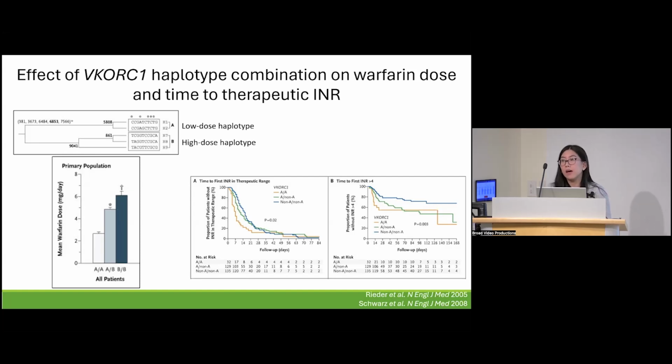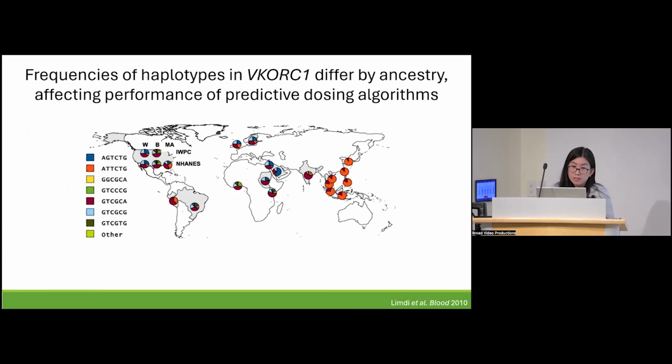What was found was that some of these dosing algorithms, while they performed really well in European populations, did not translate nearly as well in African ancestry individuals. The reason is that the frequencies of these haplotypes differ by ancestry, and thus affect the performance of these algorithms, as shown here in the map with the differences across continental ancestries.